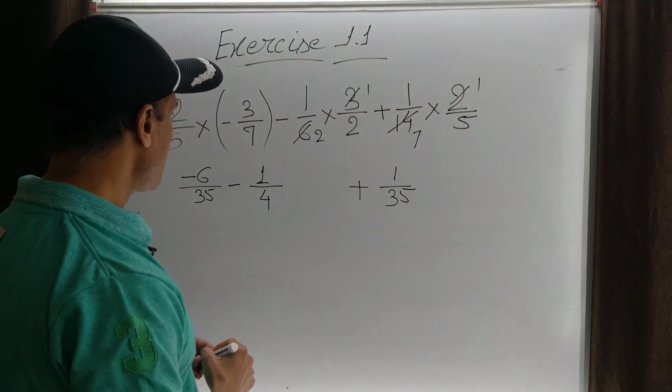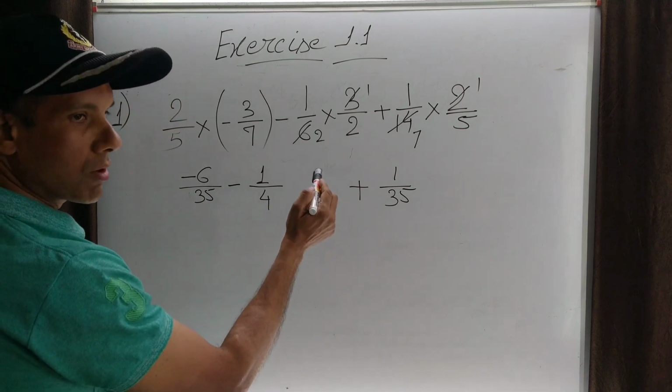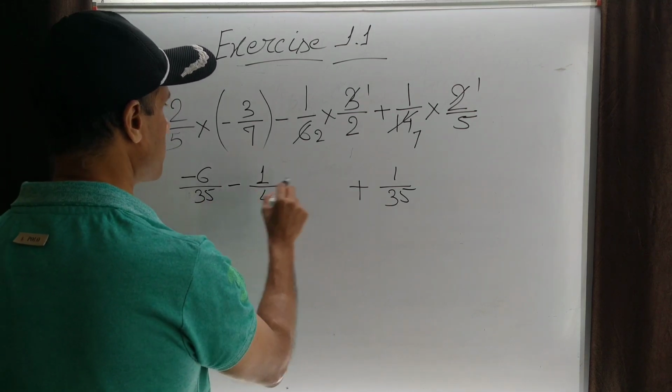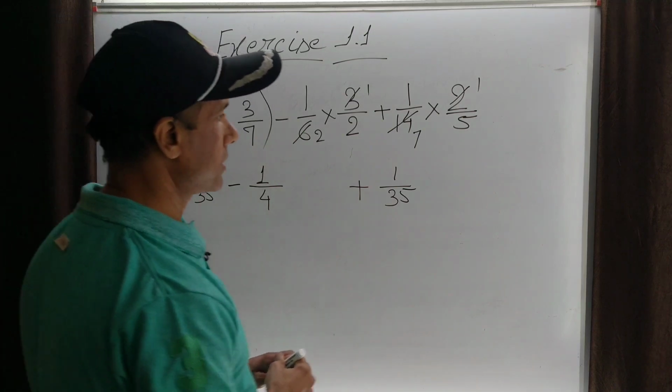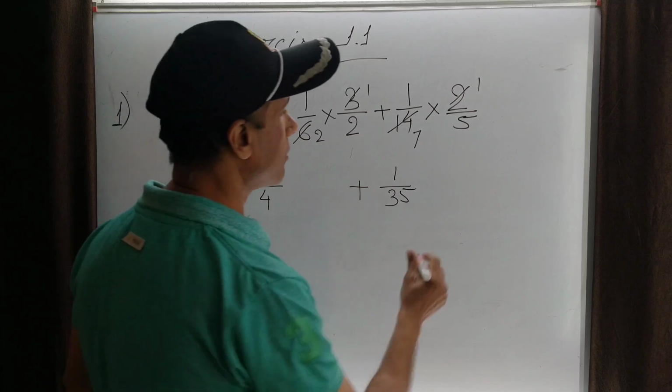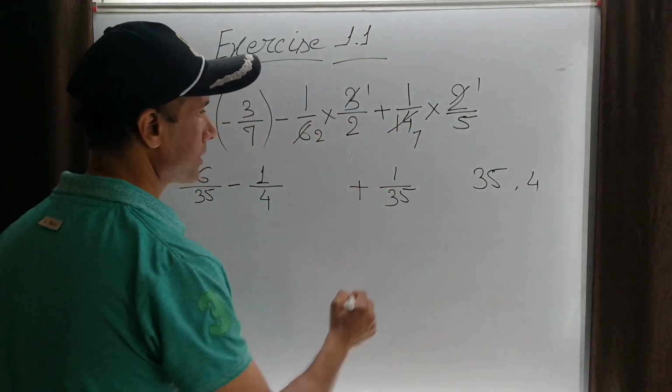Now you have two operations left, that is subtraction and addition. Again the concept of LCM we have to apply. So let's see what is the LCM of 35 and 4, correct?